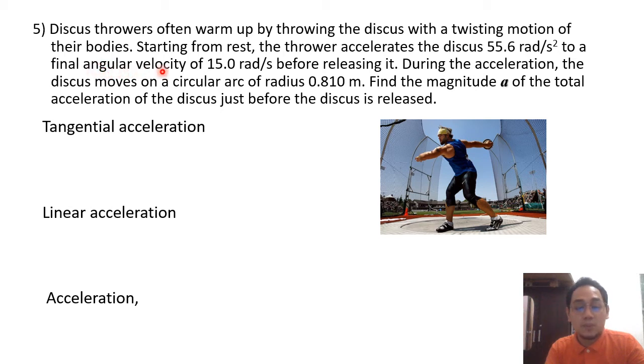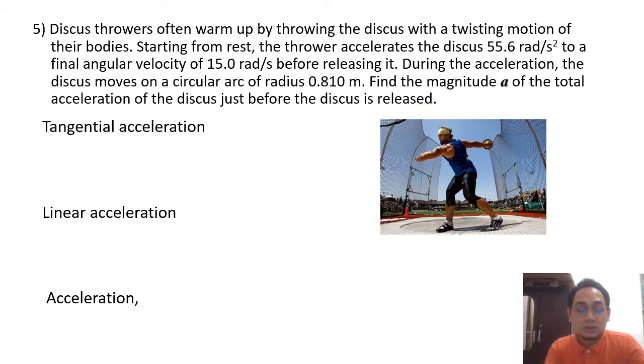During the acceleration, the discus moves on a circular arc of radius 0.81 meter. So this value of radius here is also the length of this person's hand. The question is, find the magnitude a of the total acceleration of the discus just before the discus is released.